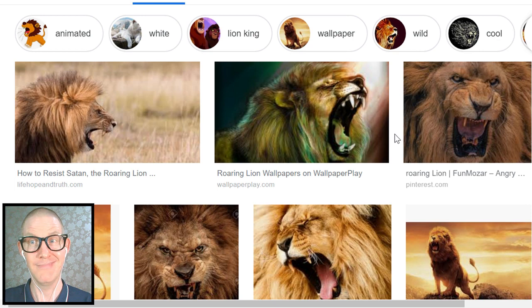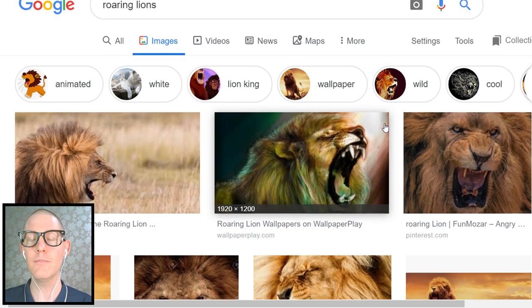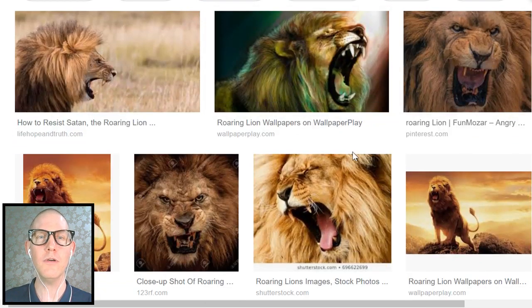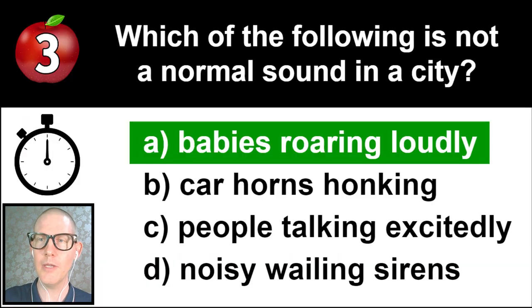And babies will maybe scream, yell, cry, and whine and moan and groan, but they don't roar. Roar is something for a big, powerful animal. Maybe even a bear, right? Roar. So we don't hear babies roaring. So that one doesn't make sense.